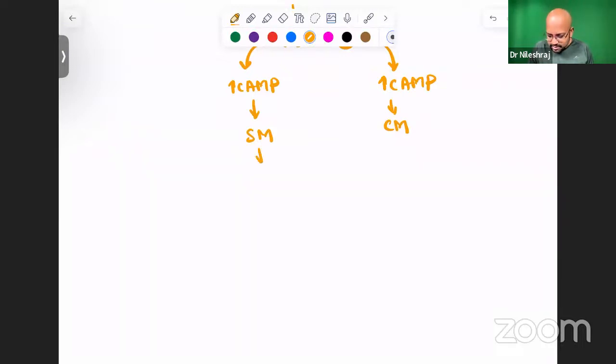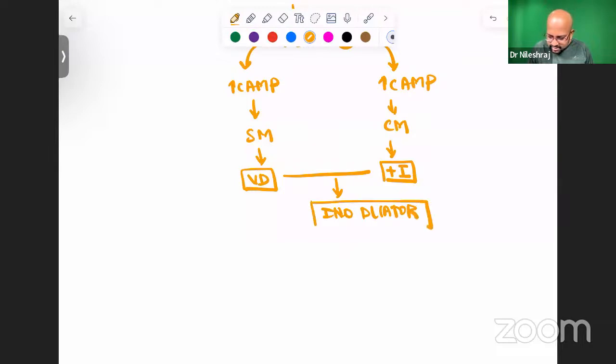In vascular smooth muscles, it produces vasodilatation, whereas in cardiac muscles, it will increase cardiac contraction. That's why we call these drugs inodilator agents. They produce positive inotropic and vasodilatory effects.